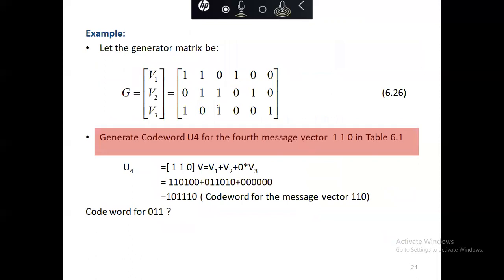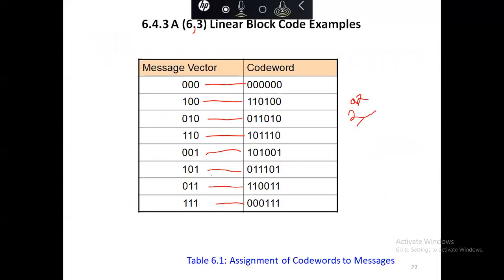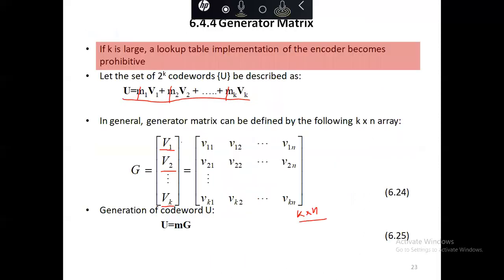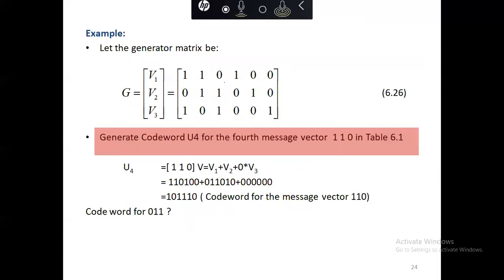So, for example, in this example there is a message 110. Okay, this is the message 110. So I have a generator matrix here. I choose only 3 code words, and with the help of these 3 code words, these are not 8 code words.